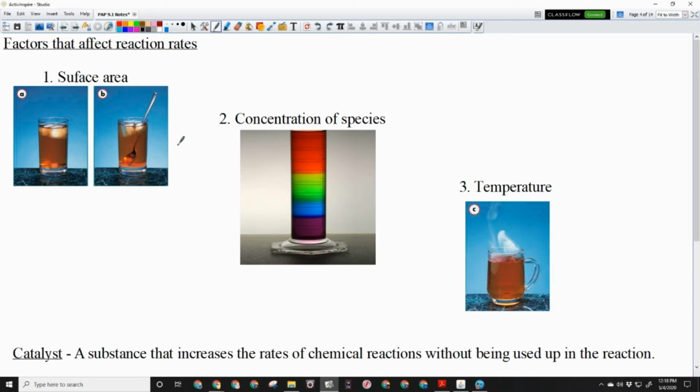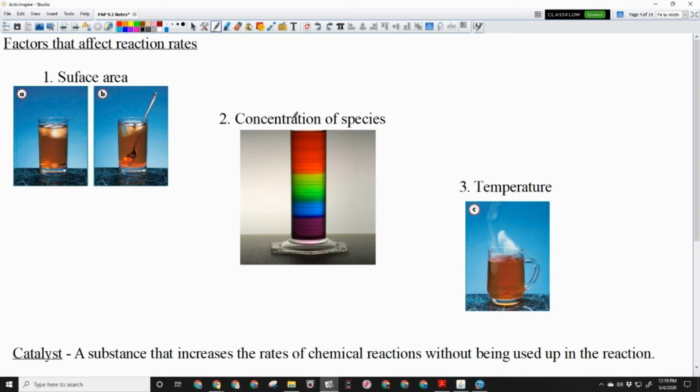It's going to dissolve very quickly, and within the matter of seconds, it's going to be all dissolved and you can swallow that, right? But if we take a whole peppermint that's not been ground up and we put it in our mouth, it's going to be like 5, maybe 8 minutes before that dissolves and goes away. So surface area does affect the rate of the reaction.